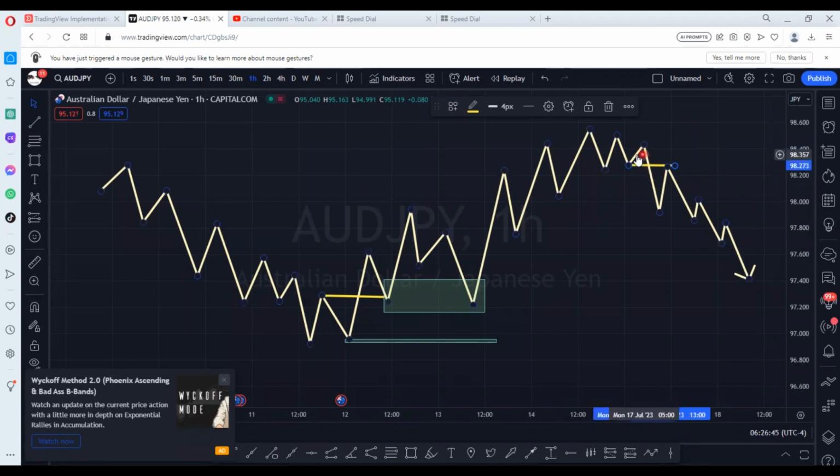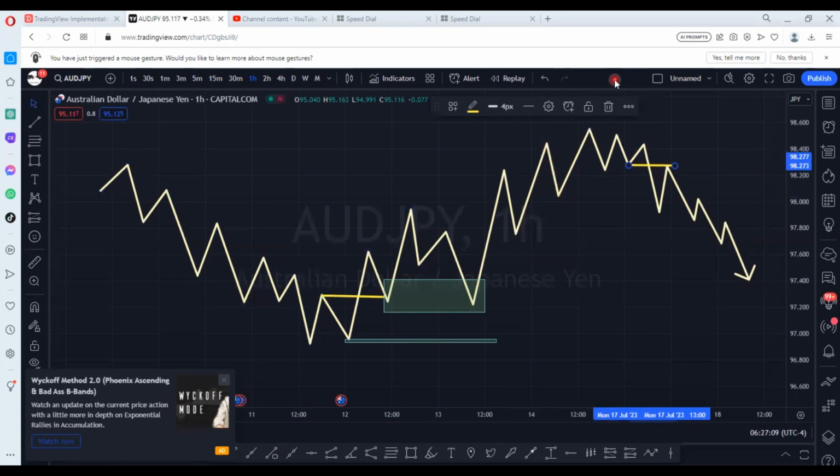If you see a break of the previous higher low, watch this, it's the same way I explained right here. This move did not take out this previous low, but the move took out the high.